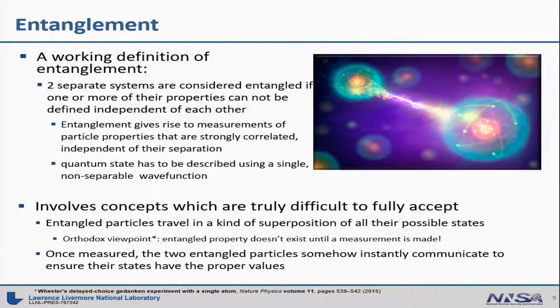And it appears that once you make a measurement and the wave function collapses on one of the objects, instantaneously the second photon or electron or whatever it is will take up its proper state to make sure energy and all the other properties are conserved. It appears to do this instantaneously, which bothers a lot of people. It basically means physics is non-local, and that's really hard to accept for many people, myself included, obviously. But that's one of the properties that entangled states have.